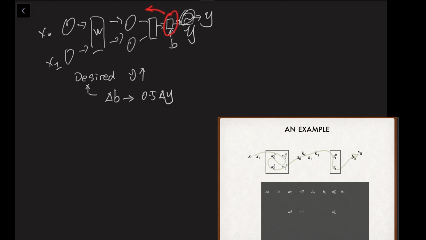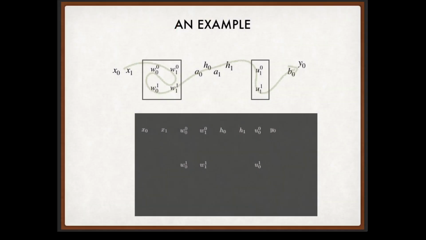And the question is to consider this calculation procedure, and therefore to calculate how to change those w and those u so that we can change b, and so that correspondingly we can change y.